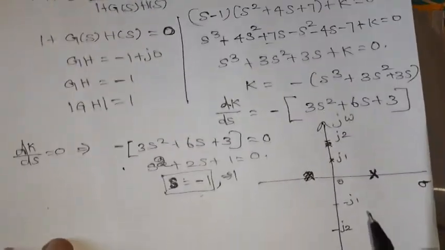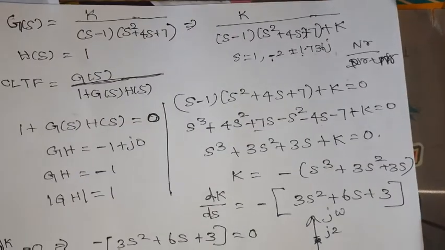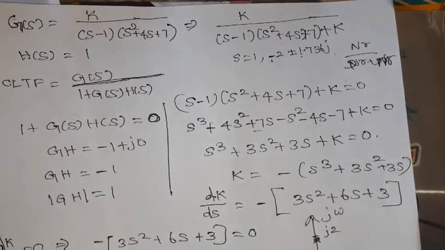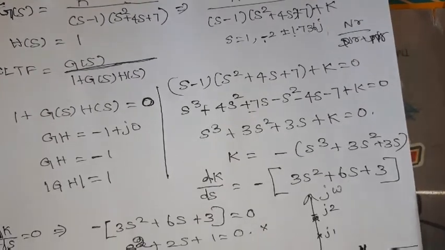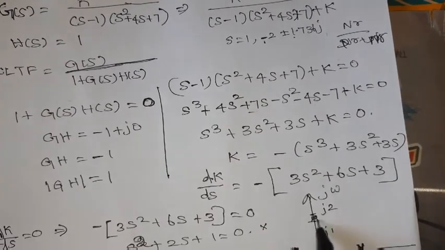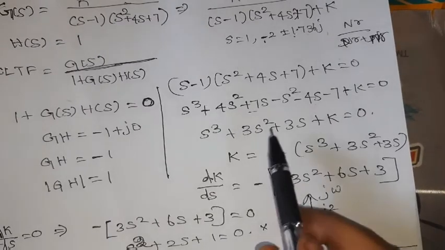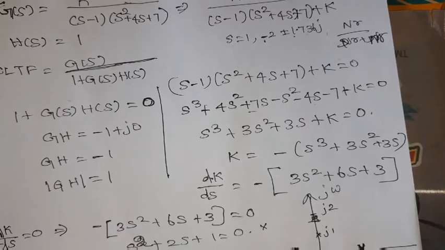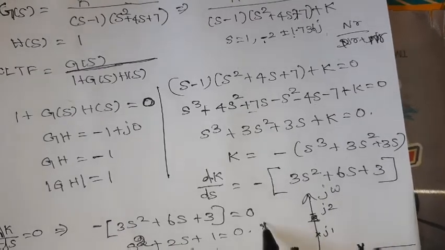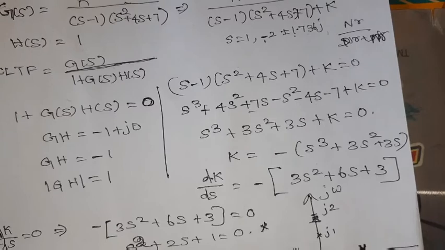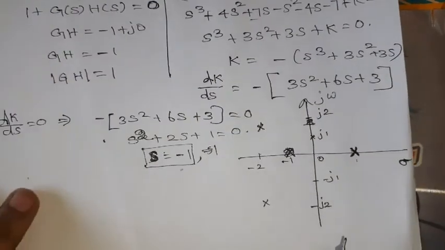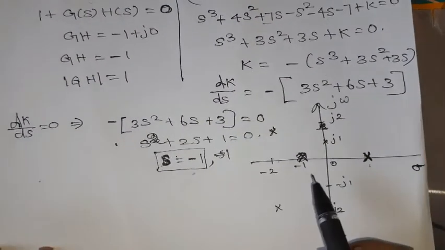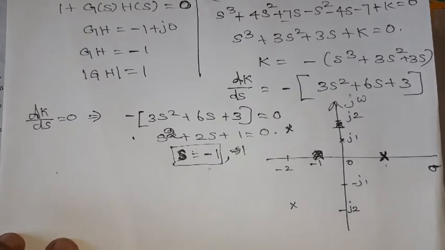Minus 1, minus 1. This is minus 2. Here minus 2 plus 1.736j, maybe this point, and here minus 2 minus 1.736j. Say these are the 3 poles. So s is equal to plus 1, and this is the pole location.